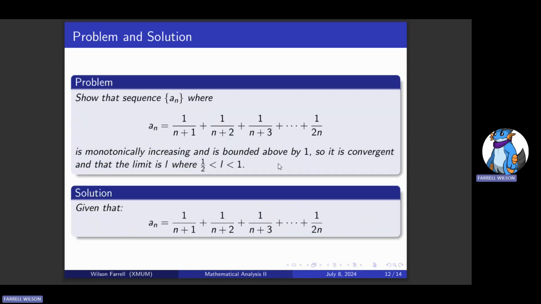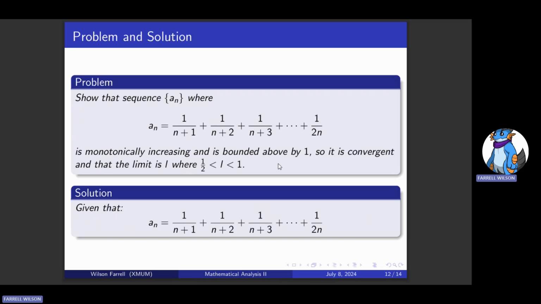Here are some examples of problems regarding the Cauchy sequence. The problem states that we need to show the sequence an, where an equals 1 over n plus 1, plus 1 over n plus 2, plus 1 over n plus 3, plus until 1 over 2n, is monotonically increasing and is bounded above by 1.